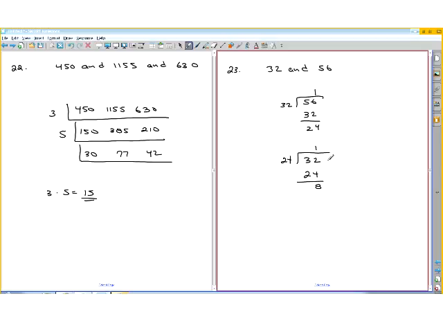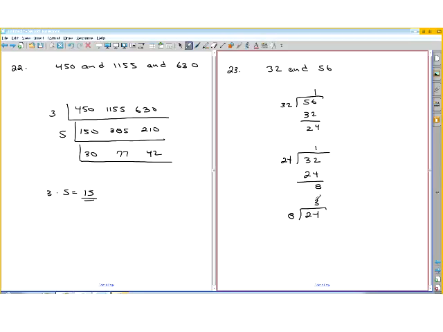And apparently you just keep doing this until you get to 0. Okay, so what do we do next? Next thing we do is we take this number, 24, and divide that by this number, 8.